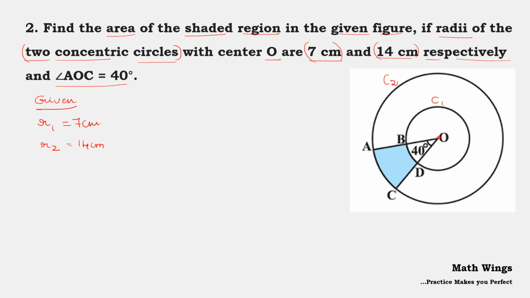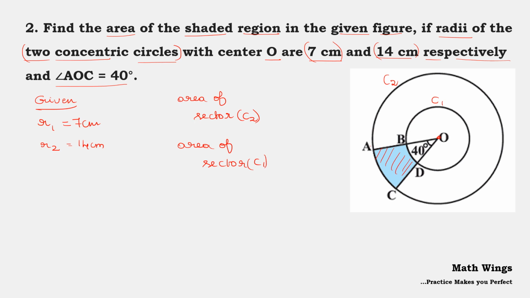Now, the question is to find the area of shaded region. So, what is the shaded region here? If you observe, the area OACO is nothing but the area of the sector of circle 2, right? As well as we have the area of the sector for circle 1.